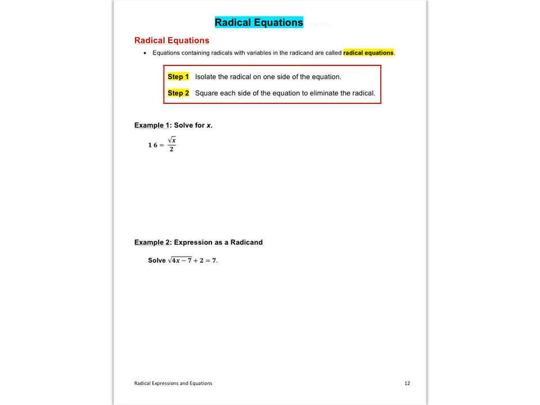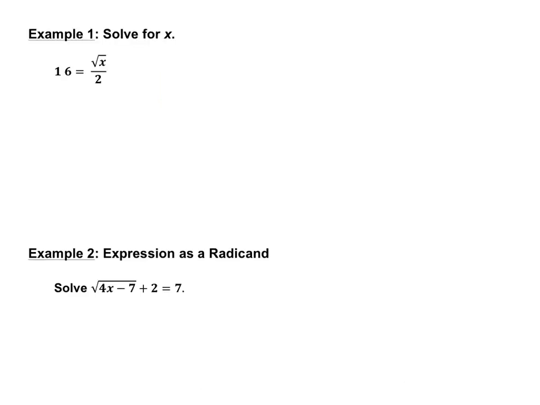So let's take a look at example 1. We've got 16 equals the square root of x over 2. The first thing that we can do is multiply both sides of the equation by 2. On the right hand side, our 2's are going to cancel out and we're going to be left with just the square root of x. On the left hand side, 2 times 16 is 32.